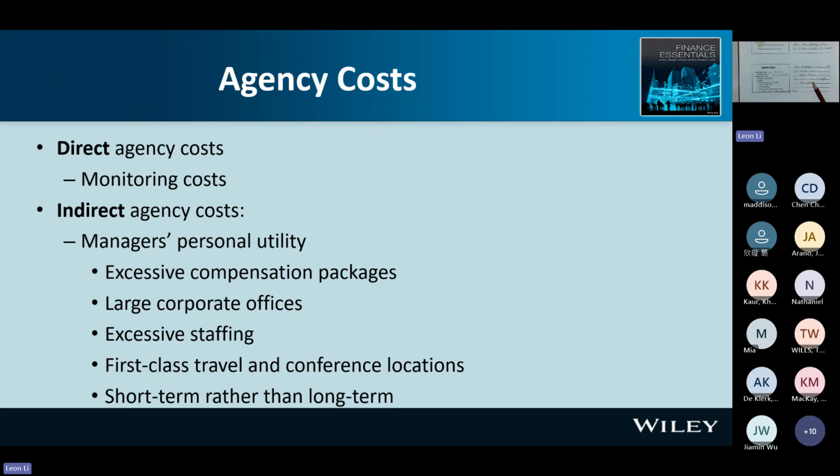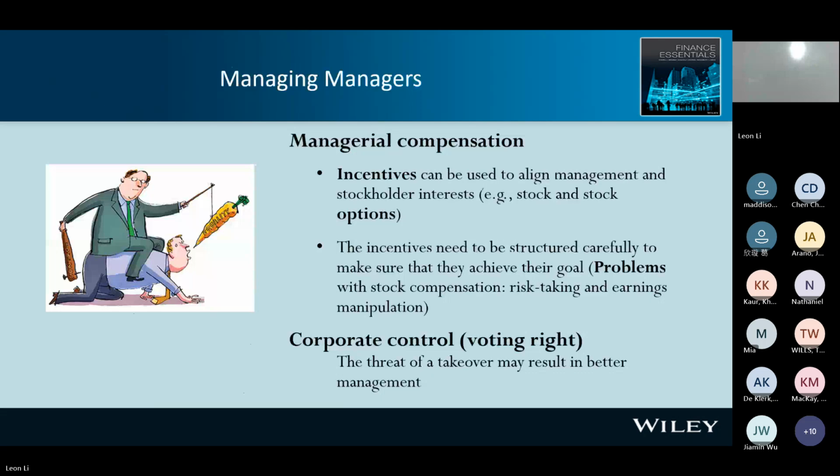And the question is how to mitigate the problem, how to solve the problem. Later on, we are going to discuss the solutions to the agency problem. So, two solutions. One, managerial compensation, or incentive compensation.